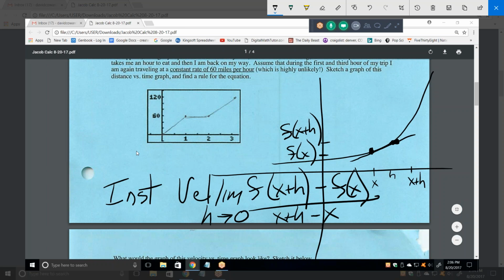And you see why that, in other words, if I take this measurement h right here and I reduce it and I let it go to 0, well then this line that I've drawn here becomes the slope of the tangent line.